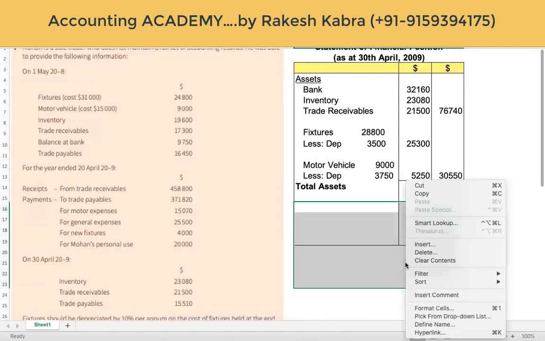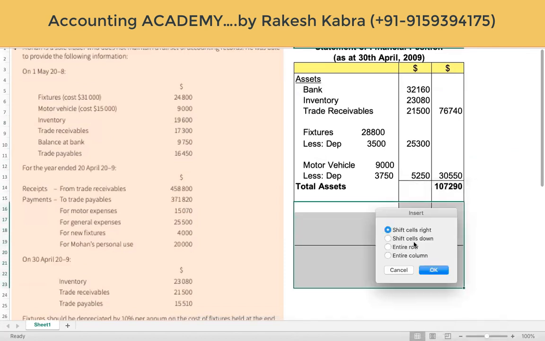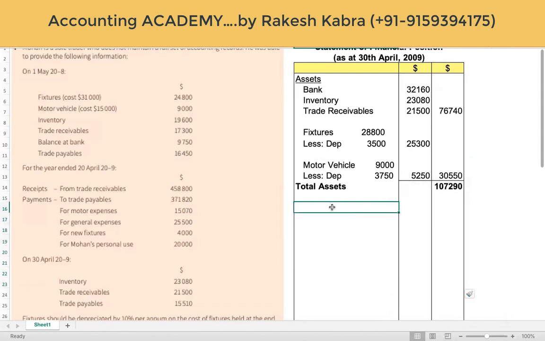Now, liabilities and capital. Liabilities first, I will take trade payables. But capital isn't given, that we will find, don't worry.